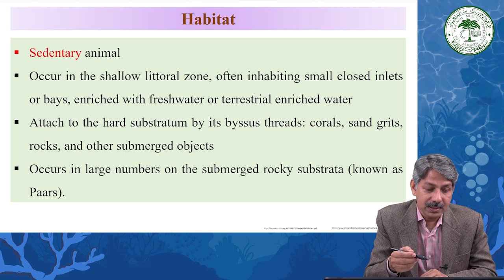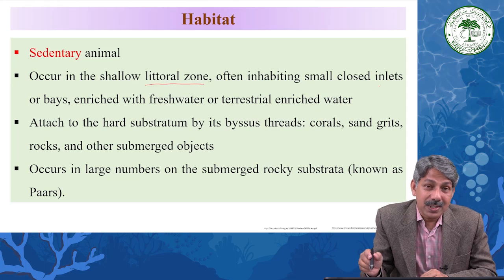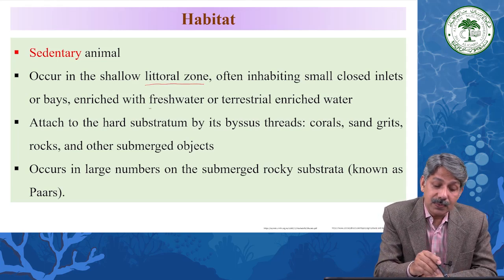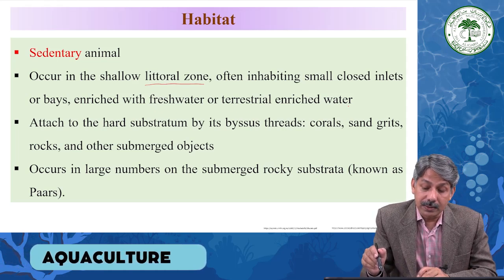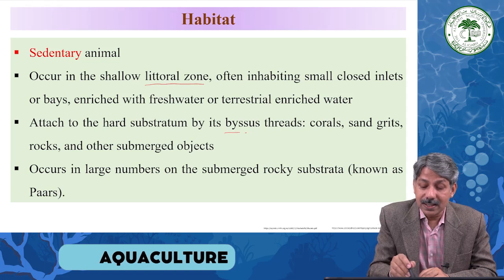Such mollusks occur in the shallow littoral zone, often inhabiting closed inlets or bays enriched with fresh water or terrestrial water, right? They are attached to the hard substratum by their byssus threads.